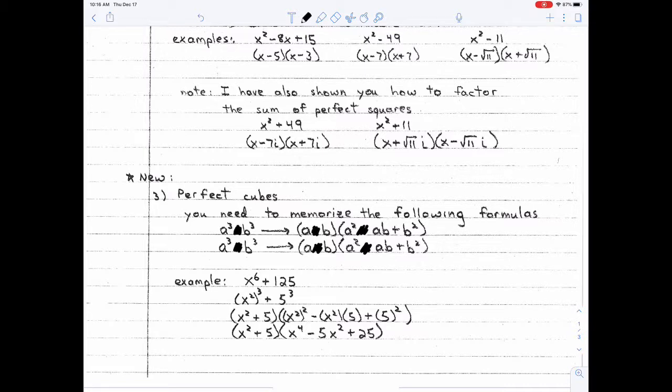So what's the difference? Whatever sign goes here, that sign goes there also, and then the opposite of it goes there. Let me show you.